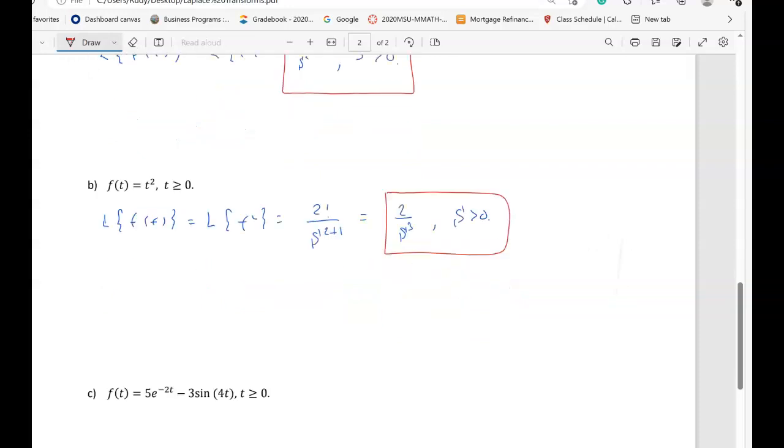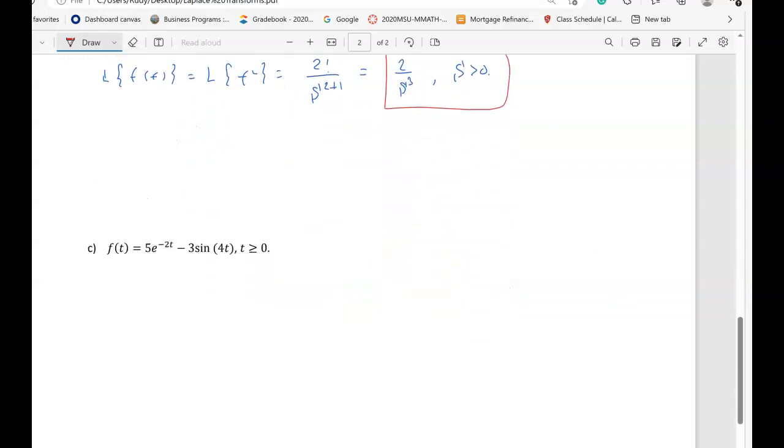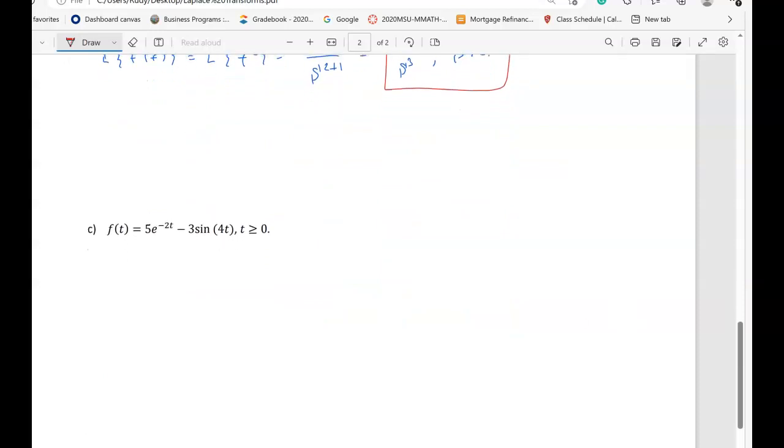The last one, they're actually combining a couple of constants. So in this case, for this particular problem, we're just going to do the Laplace of f of t, which is equal to the Laplace of technically 5 e to the negative 2t minus 3 sine of 4t.